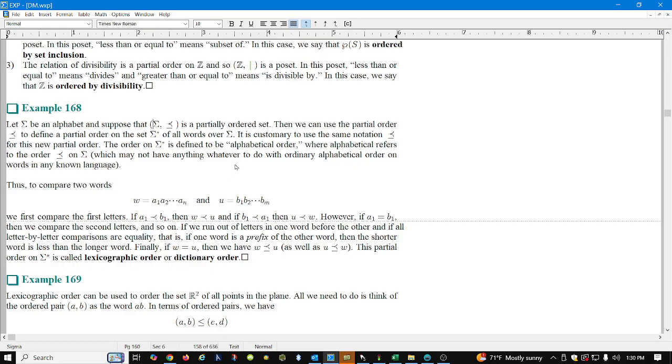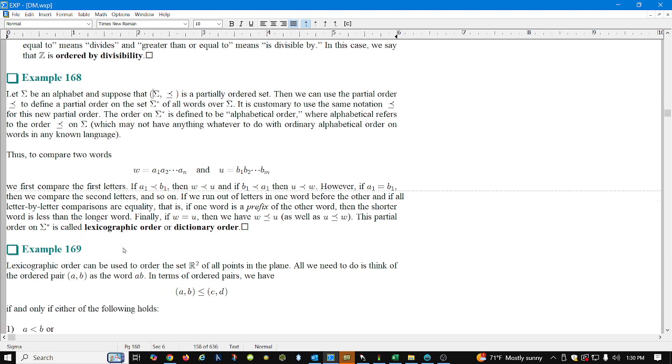This is exactly what we would do to compare two words in the English language, for example. If we run out of letters in one word before we have run out on the other word, then the shorter word comes before the longer word in this order. Okay. The term alphabetical order isn't generally used. It is referred to as lexicographic order or possibly dictionary order.